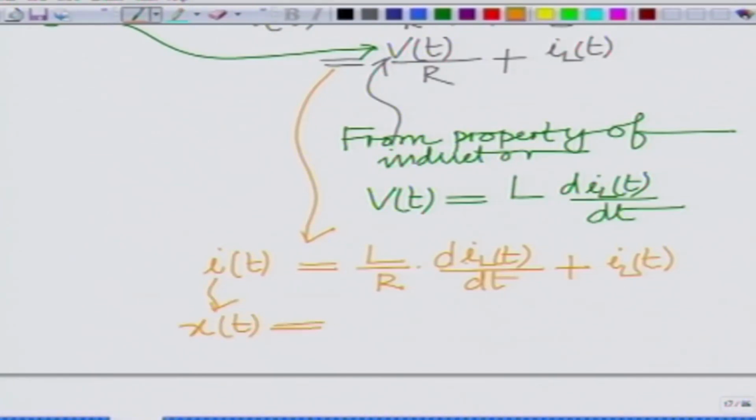So, I finally have x of t equals L by R d of I_L of t, which is y of t, that is the output. So, L by R dy(t) over dt plus y of t, and this is basically your input output relation.